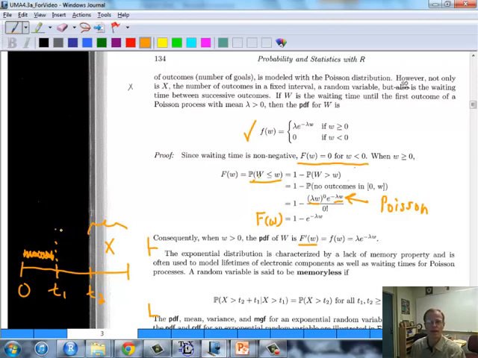Okay, that is known as the memorylessness property, and it seems kind of weird. What it's essentially saying is it doesn't remember what has happened up until that point. The probabilities are refreshed in some sense as time goes forward.